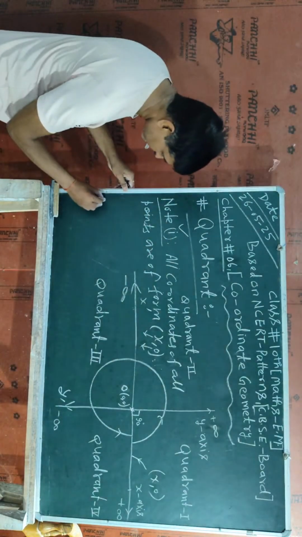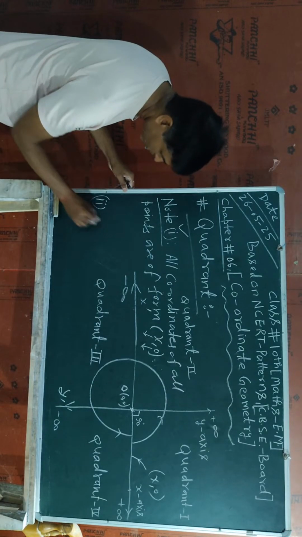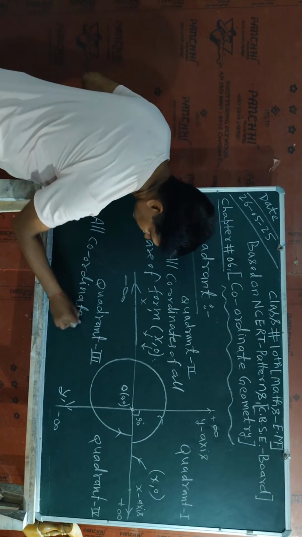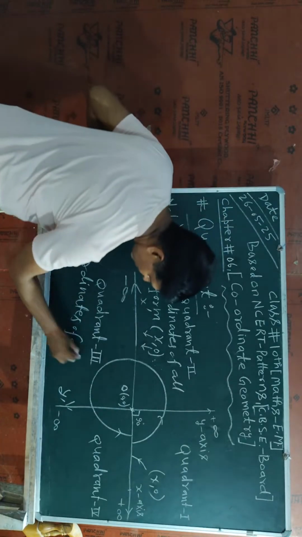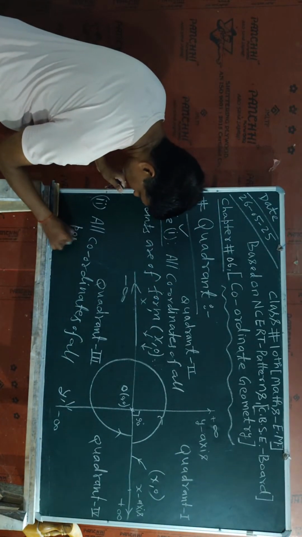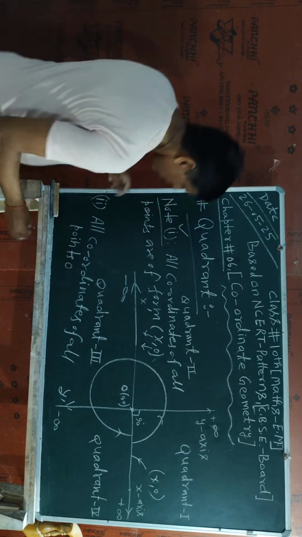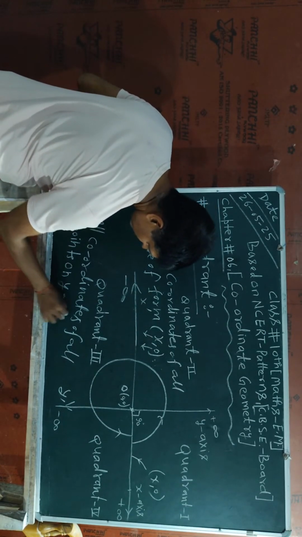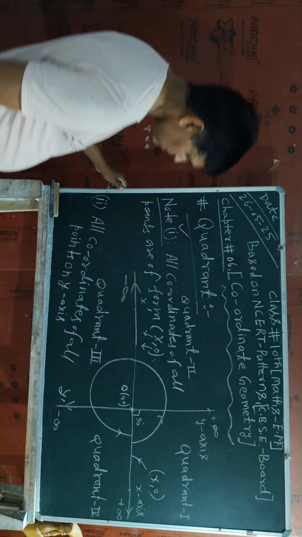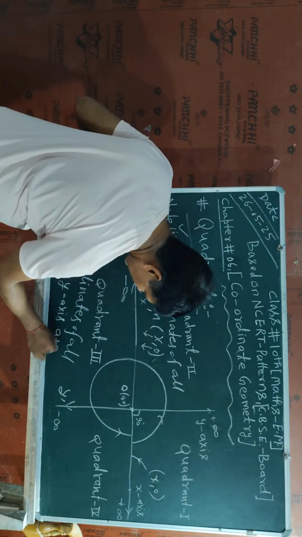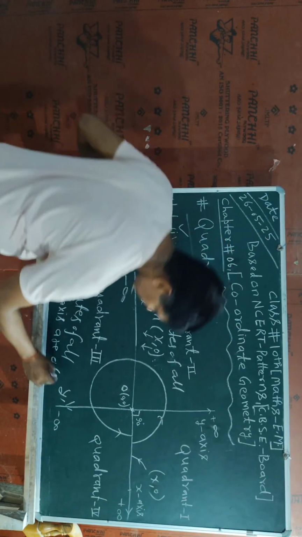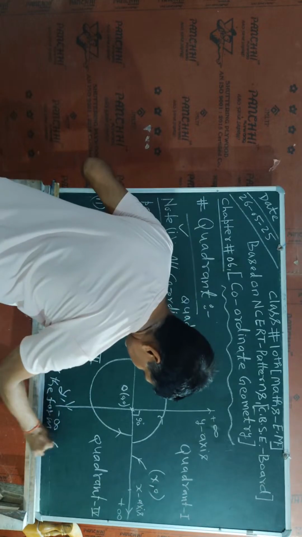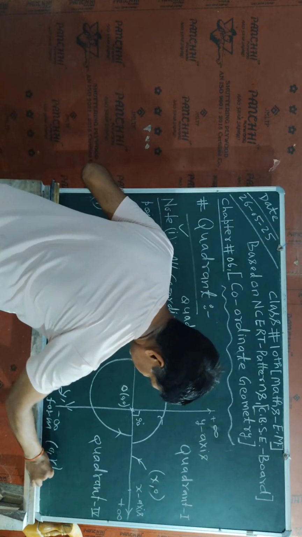This is information number 1, and information number 2 I am going to write here: all coordinates of all points on the y-axis are of the form 0 comma a. This is point number 2.